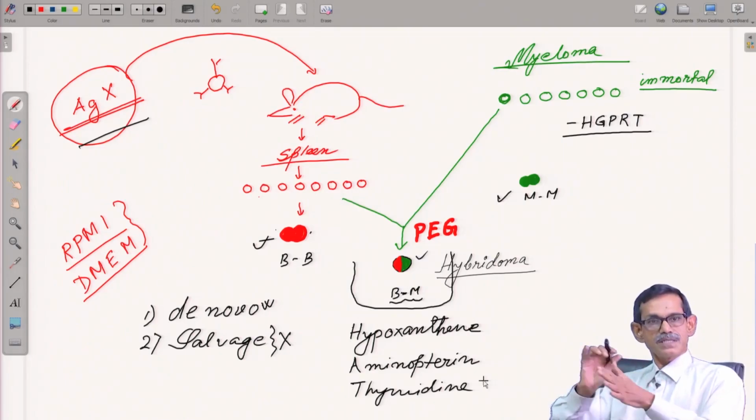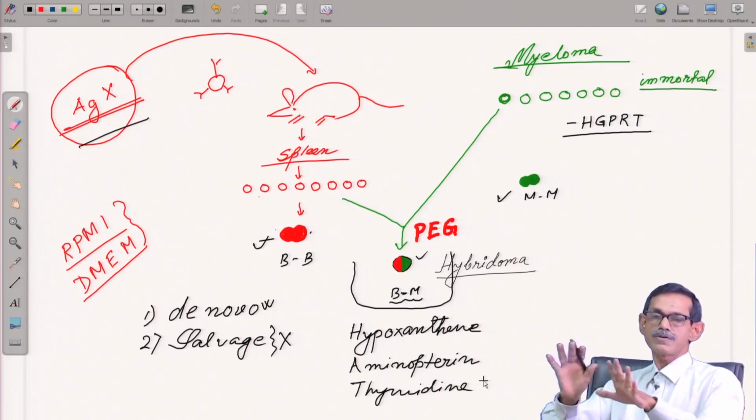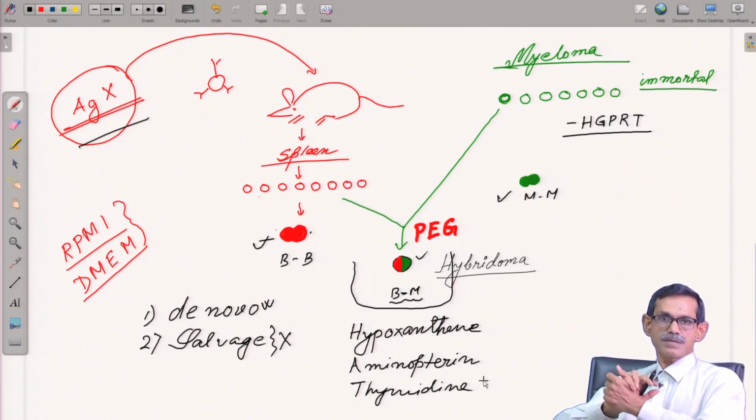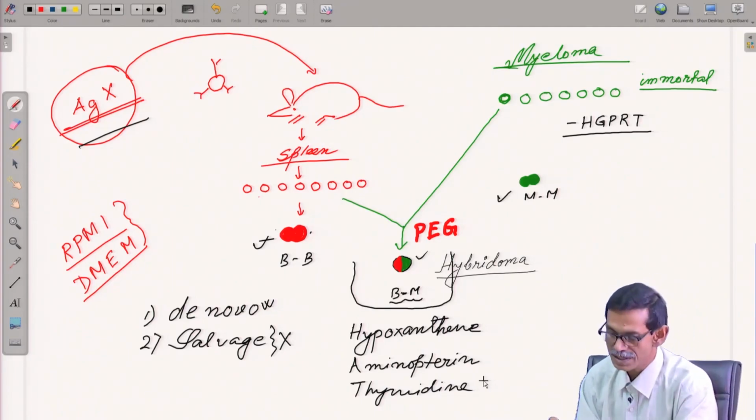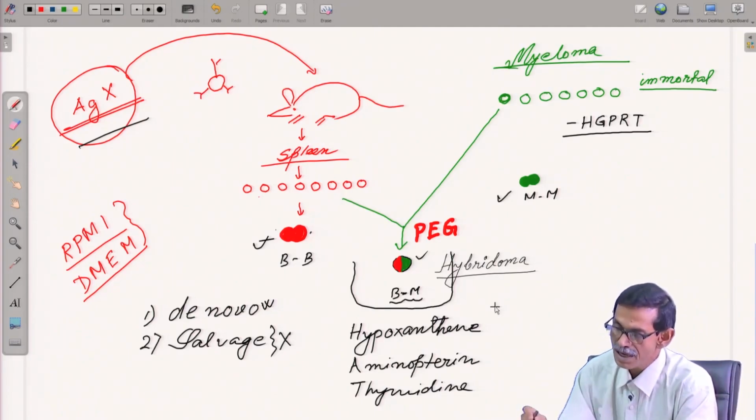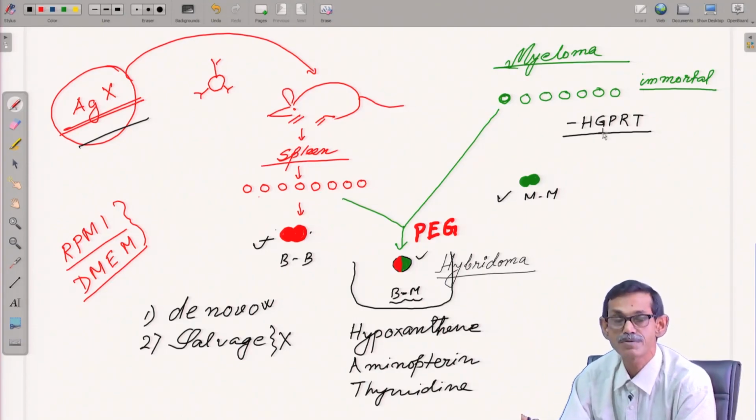Hypoxanthine and thymidine are both nucleotide precursors they are going to use for nucleic acid or DNA synthesis, but the myeloma cannot use this hypoxanthine, because they do not have hypoxanthine guanine phosphoribosyl transferase.